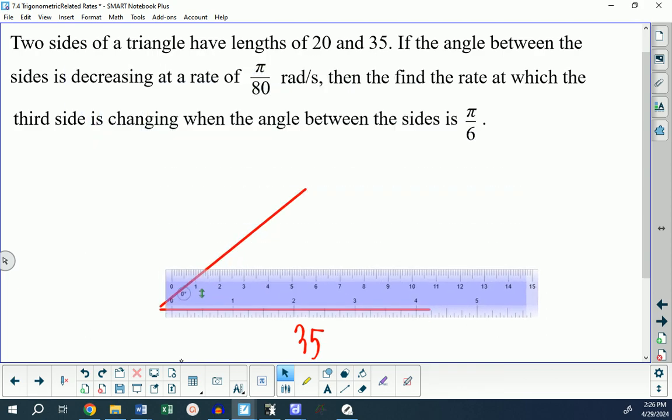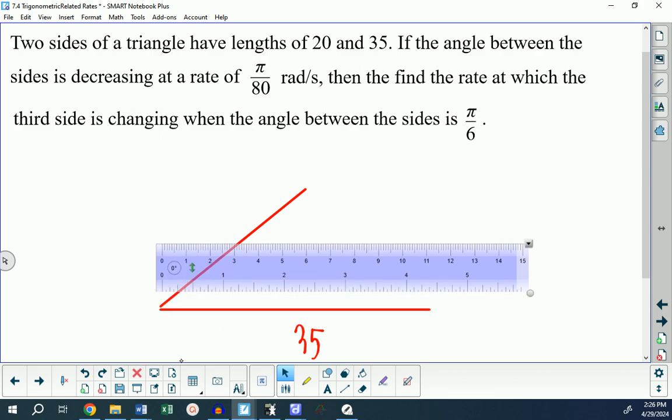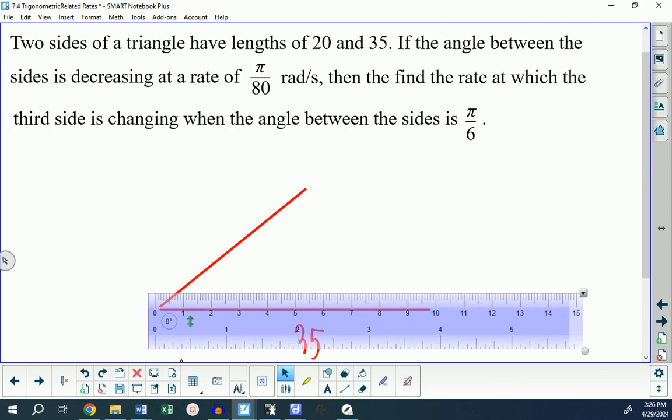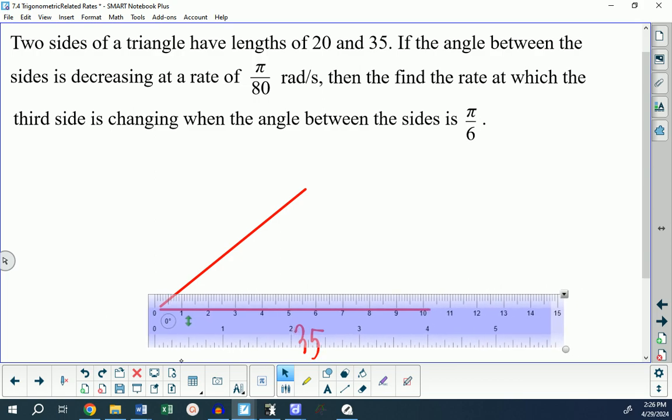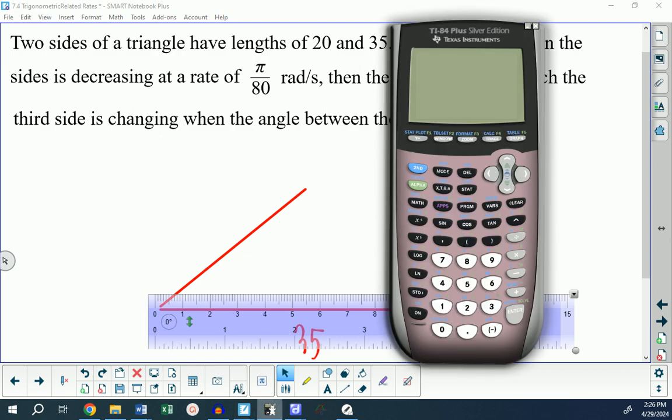You certainly don't have to do this. So that's 35. Oh, I'm choosing a lousy scale here. It doesn't matter. I'll go with 10. And again, you don't have to do this. I don't even know why I'm doing it, but I started doing it, so I'm going to finish it. 35 over 20 is that.